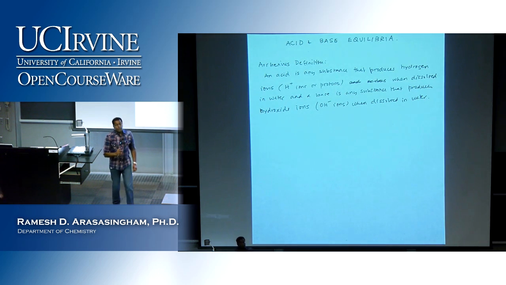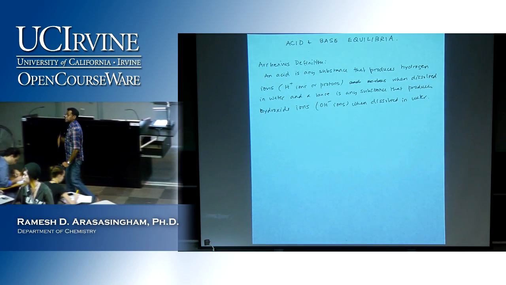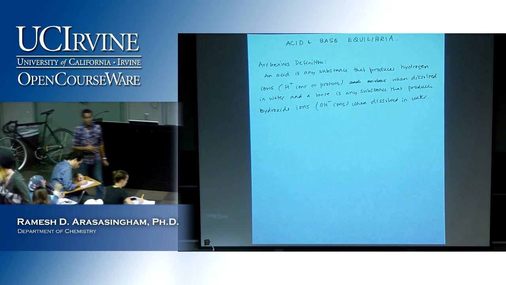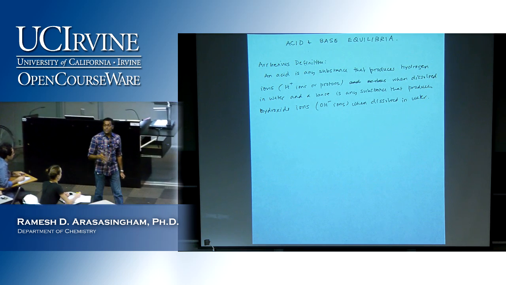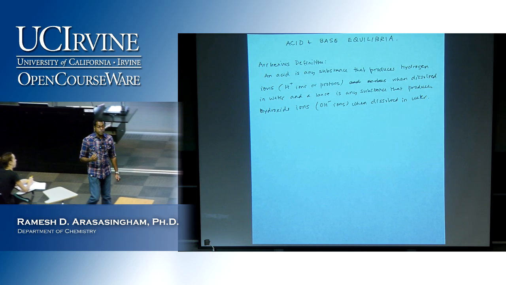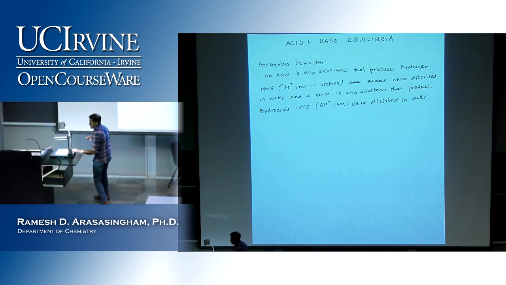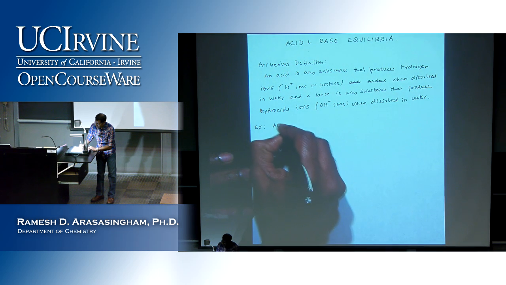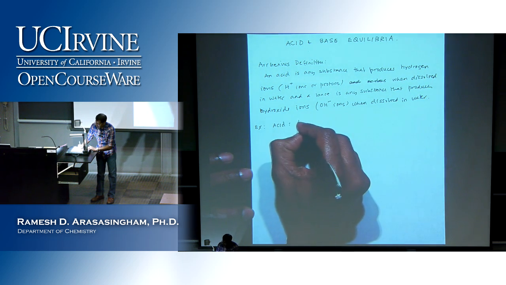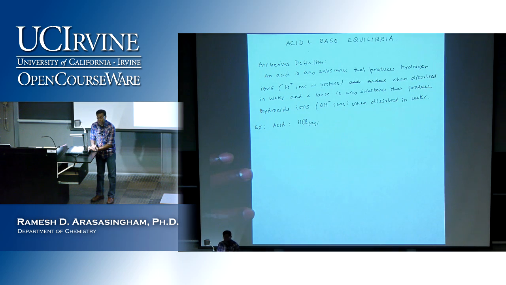All right, so the Arrhenius definition is that an acid is any substance that produces H+ ions or hydrogen ions when dissolved in water. And a base is any substance that produces OH- ions when dissolved in water. So an example for an acid would be things like HCl, when this is dissolved in water. So it's HCl, aqueous.